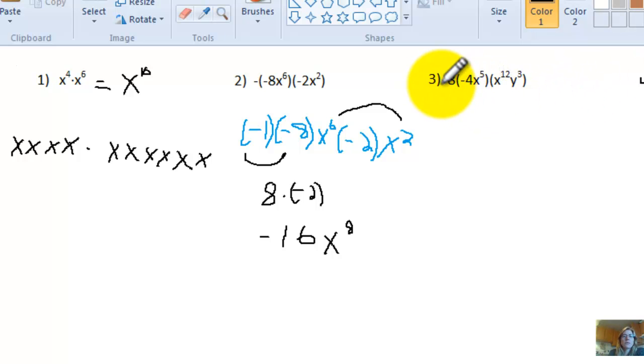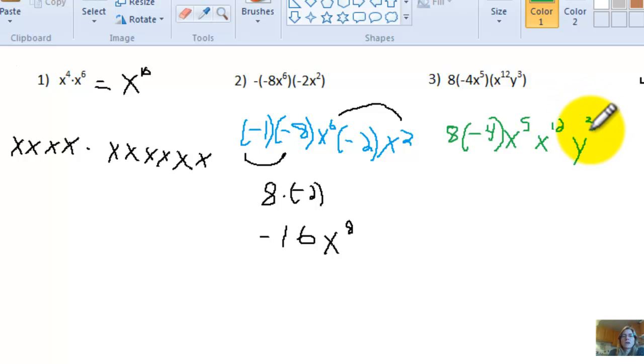And for this problem here, problem 3, we have to do the same thing. We've got a lot of letters and we've got some numbers. So let's separate the numbers. We have 8, we have that -4, and we have an x to the 5th, an x to the 12th, and a y to the 3rd.